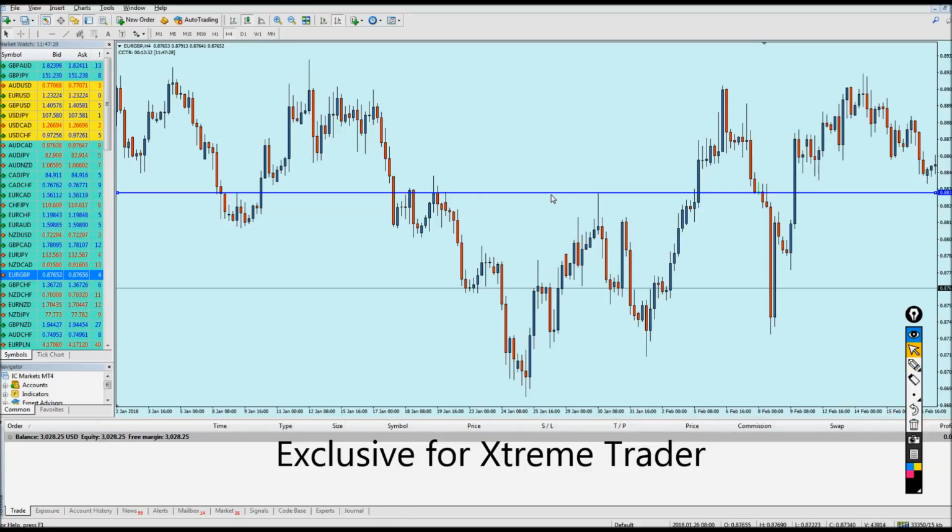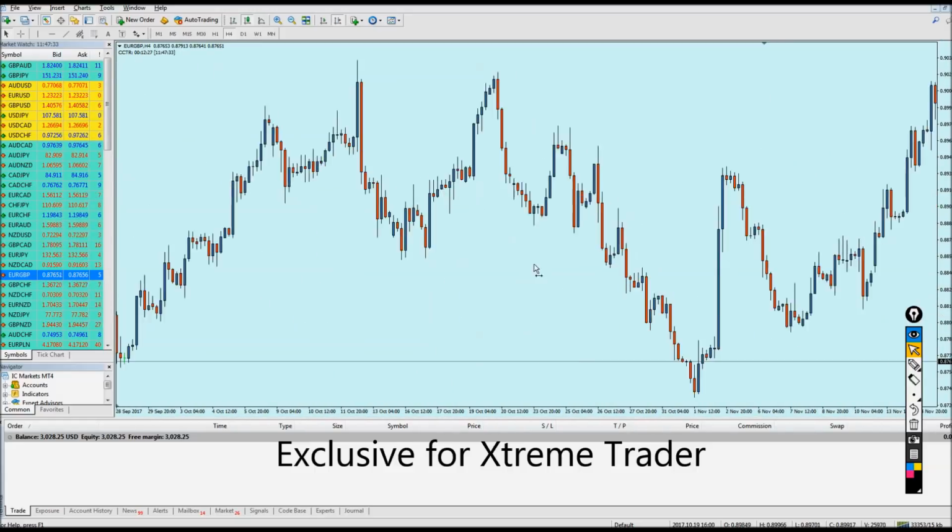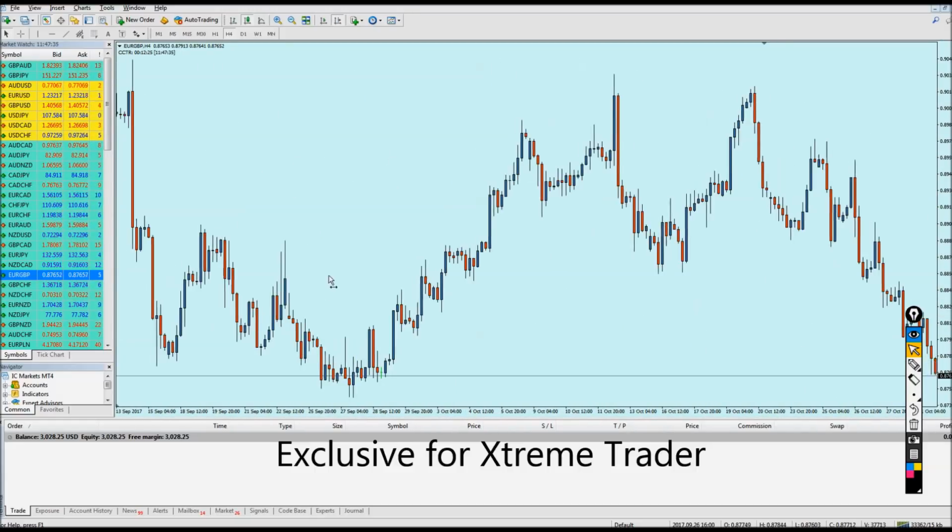I will show you now another example, a support or resistance with a simple long wick. Okay, we have it here, I think. In this scenario, I have the long wick here on this resistance.